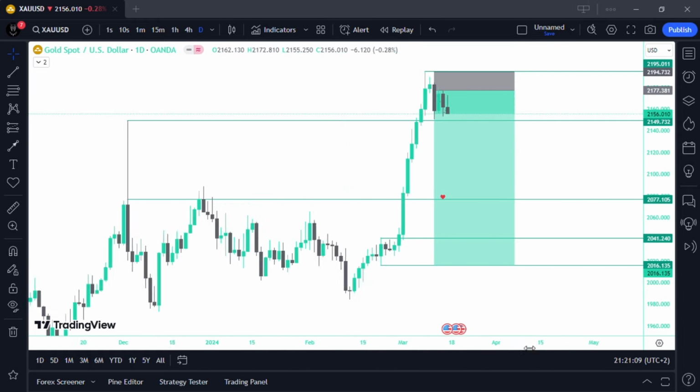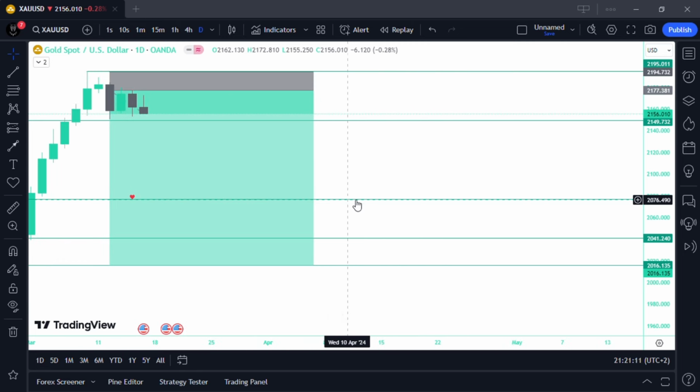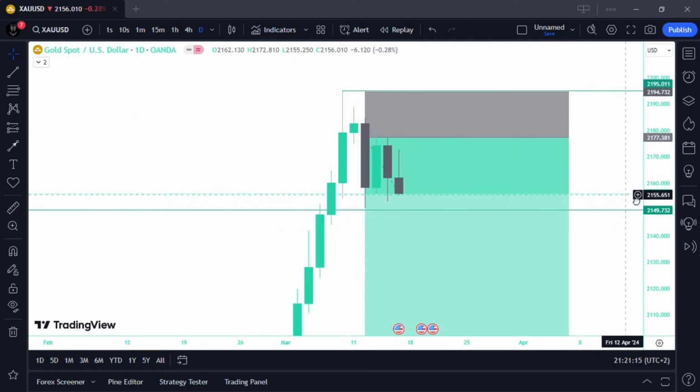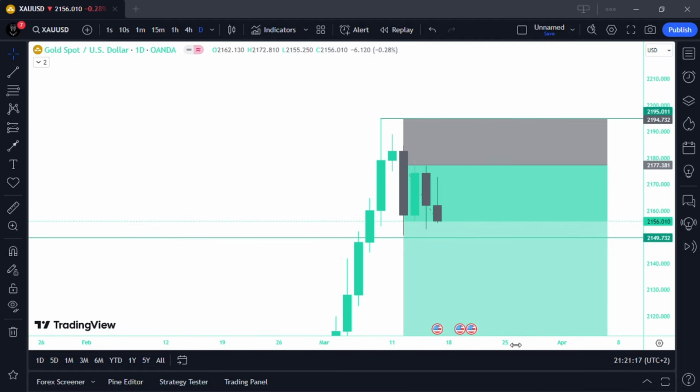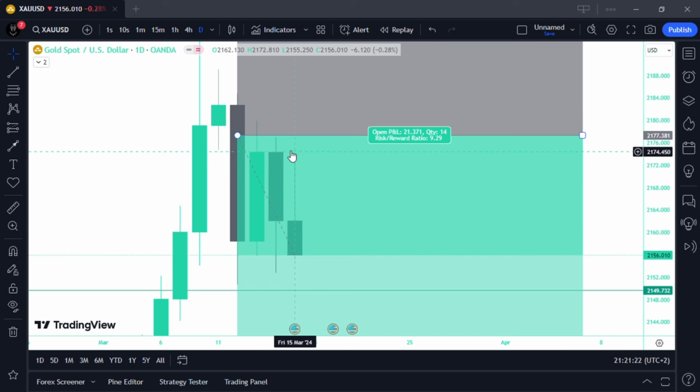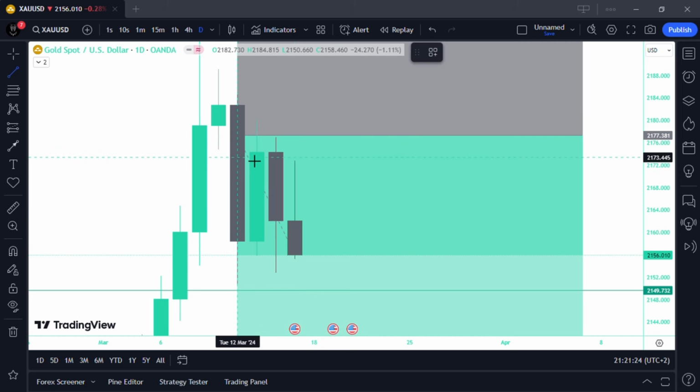On the daily time frame, as you can see, the highest point ever recorded on gold thus far is the $2,194 mark. Ever since then, we have been dropping until the actual price of 2,156.